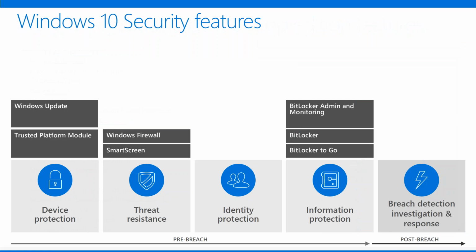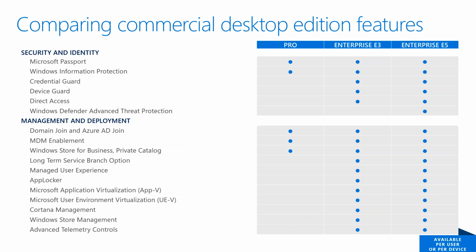And real quick, the last piece about the Enterprise licenses: they can be purchased, and we mentioned this, in two different manners. You can either purchase through your traditional enterprise agreement, or you can purchase them through a CSP provider, which is a Microsoft partner that is able to resell the Enterprise license.